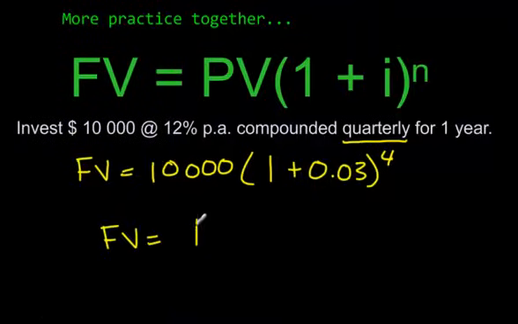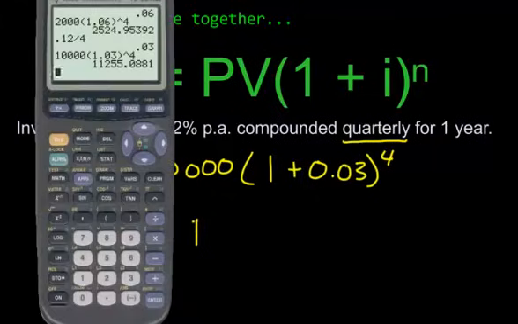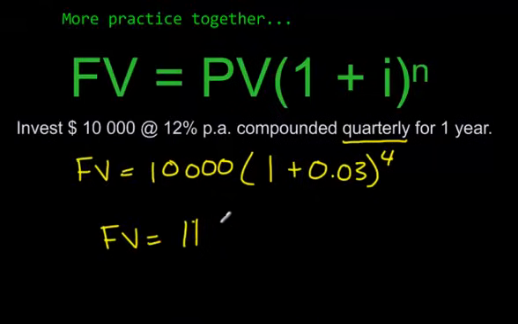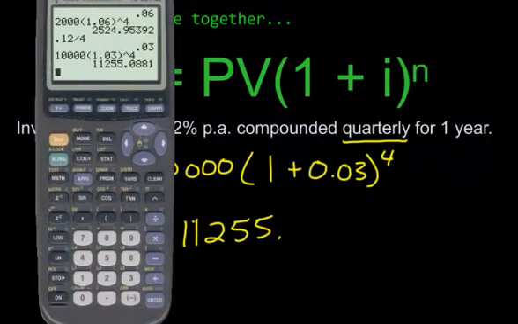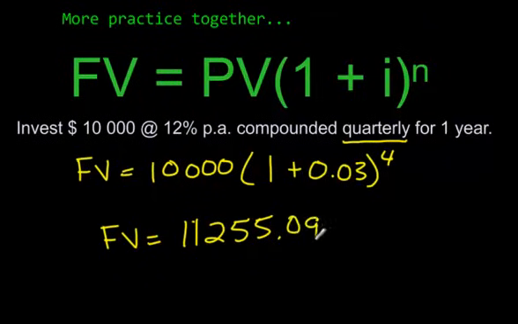The future value is $11,255. And did you catch the cents? No, that makes no sense. No, just kidding. 0.09. Okay, that is how much money you will have in the future. If they said, what's the interest? Well, subtract 10,000. It would be $1,255.09 interest.